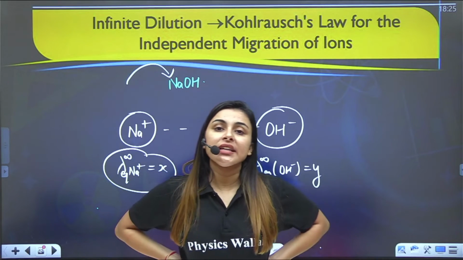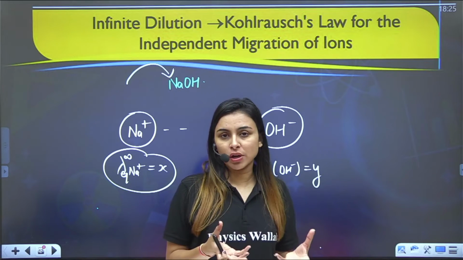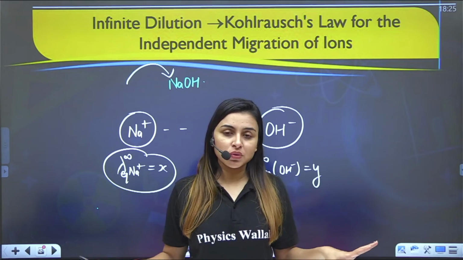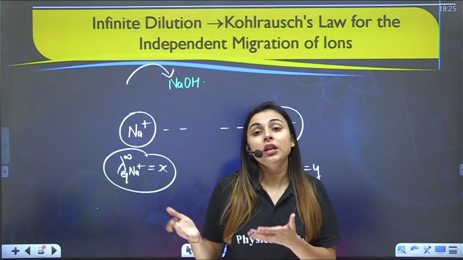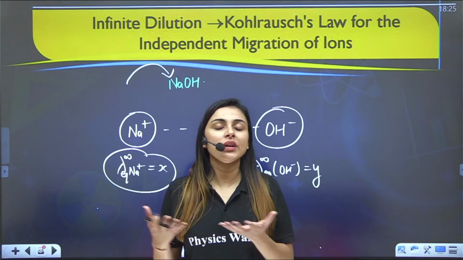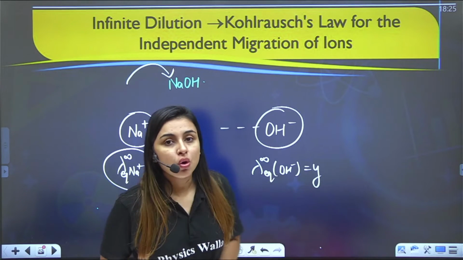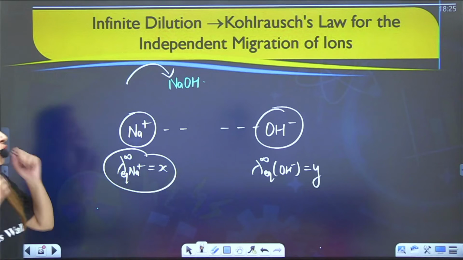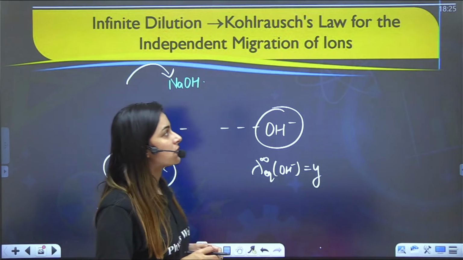So this was the Kohlrausch law: just take these strong electrolytes, dilute them to such an extent that the ions are separated from each other, and calculate their individual molar conductivities or equivalent conductivities at infinite dilution. This is what is called Kohlrausch law of independent migration of ions.